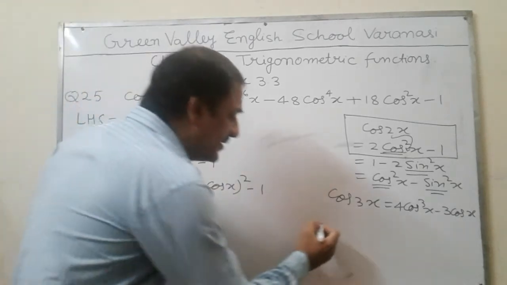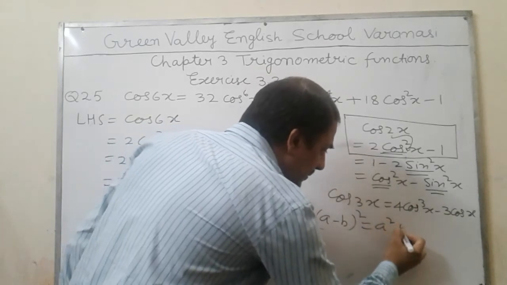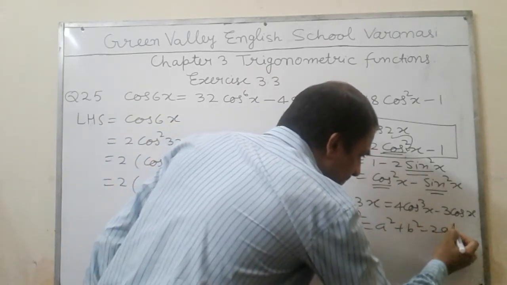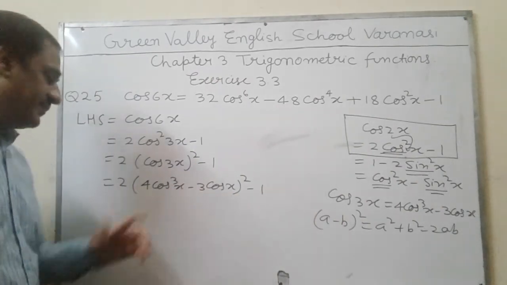After this step, we are going to use an algebraic identity. Children, do you know this identity? a minus b whole square? Yes, a square plus b square minus 2ab. So here this is a and this is b.